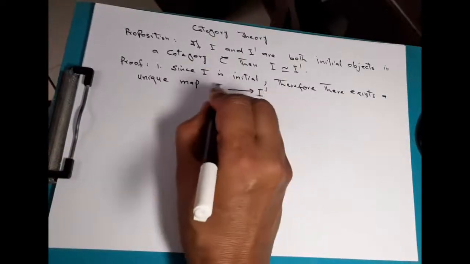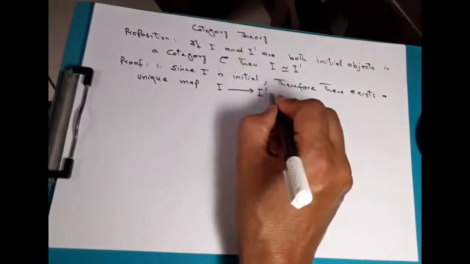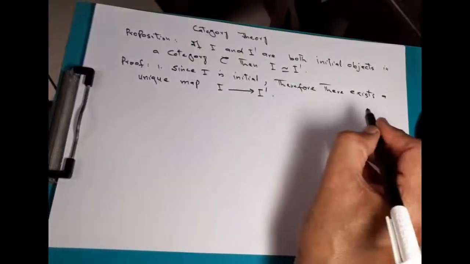Since I is initial, there exists a unique map from I to I dash.